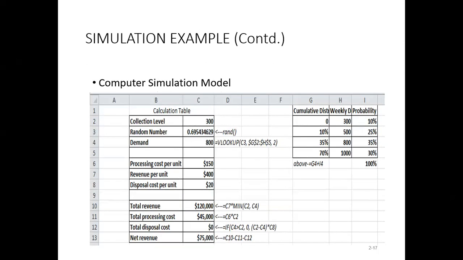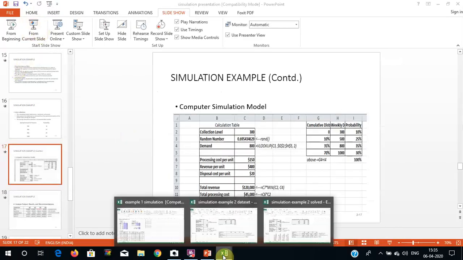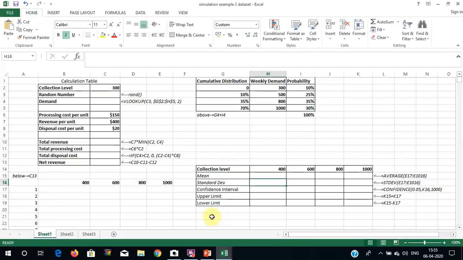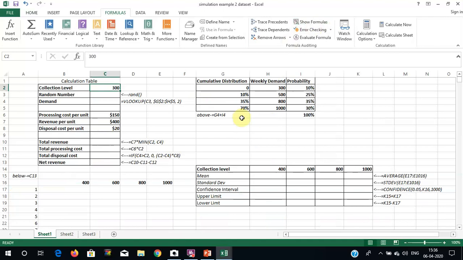Now let me take you through the Excel again just to show you. This is a simple calculation, which I can show the formula to you. The collection level is set as follows.